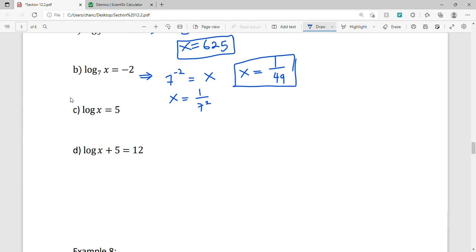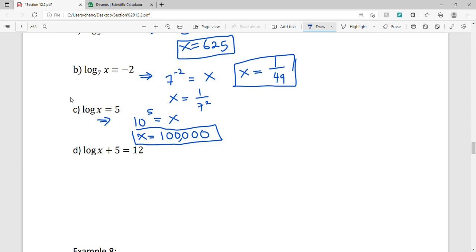In part C, we'll translate this as a base of 10. This is 10 to the 5th equals x, and we can simplify that as 1 followed by 5 zeros. X is equal to 100,000.